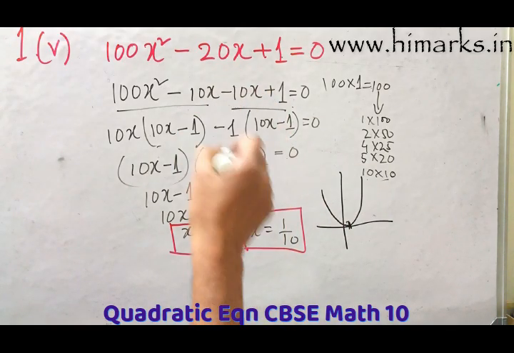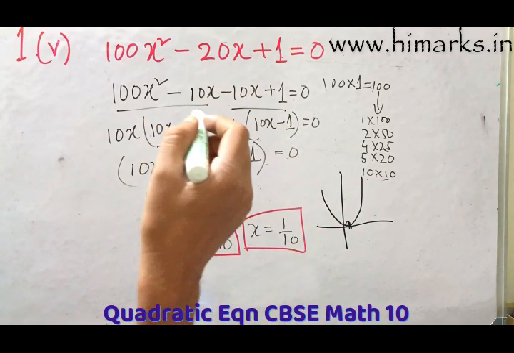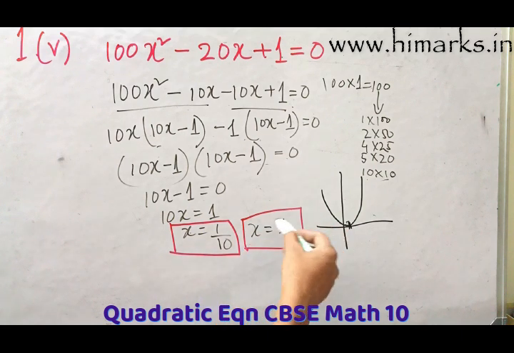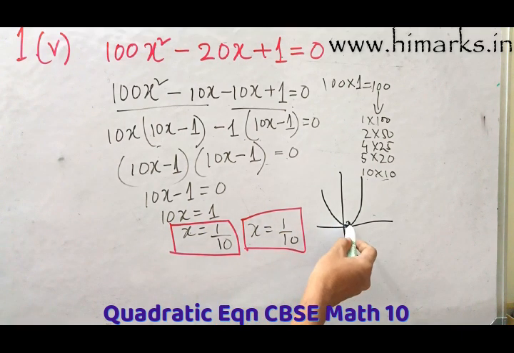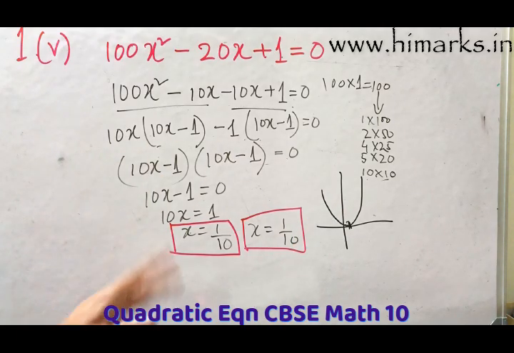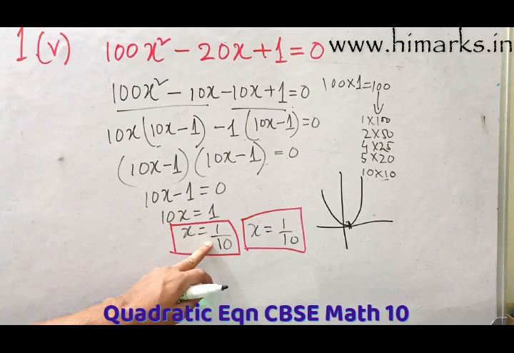When it touches, both solutions actually become the same. It has two roots, but both the roots are equal. It is not intersecting the x-axis, but it is just touching at the point x equal to 1 by 10. This is the meaning. Okay, so these are the roots. X equal to 1 by 10. Both the roots are equal. That also you can mention. Okay, hope you have understood.